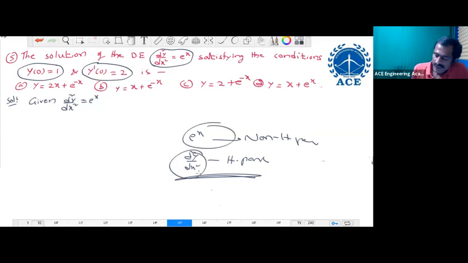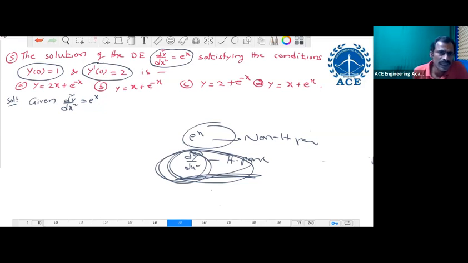Whenever the homogeneous part contains a single term like this, by direct integration we get the solution without finding yc and yp separately. The number of times of integration depends on the order of the derivative. It is second order, so we integrate two times.